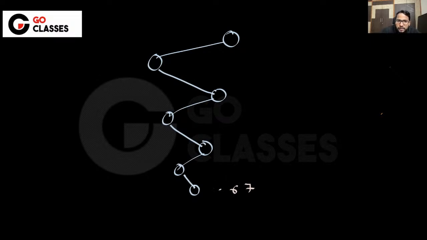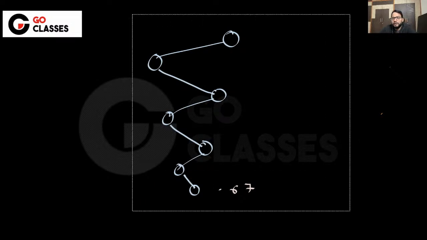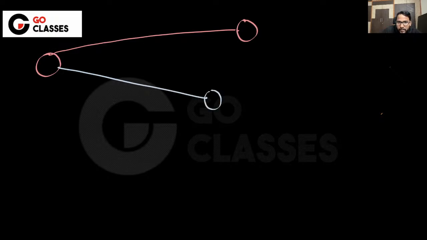So maybe this representation that I made may not be much clear, so let me redraw it. Okay, 7. Just to represent it, I am writing something like that, because it is on the left hand side, and since this is on the right hand side, similarly this is on the left hand side.